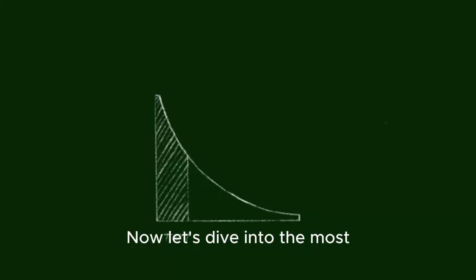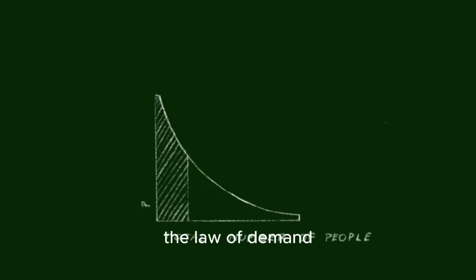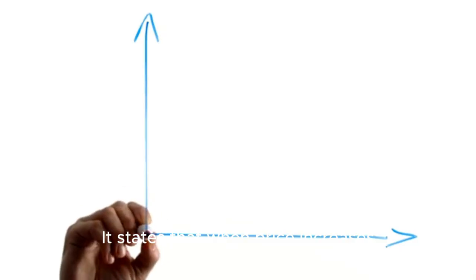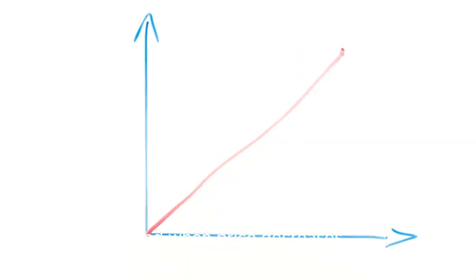Now, let's dive into the most crucial part. The law of demand. It states that when price increases, demand decreases, and when price decreases, demand increases. This shows an inverse relationship between price and demand.